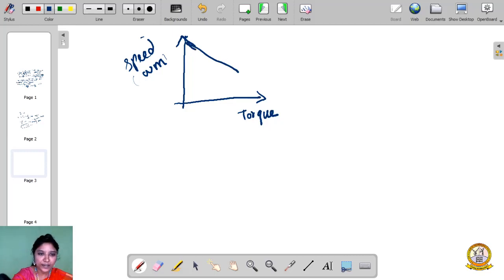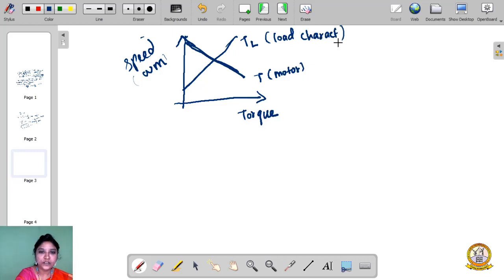The motor characteristics will be like this, marked as motor T. Similarly, the load characteristics graph will be like this, marked T L. The intersection of both these characteristics we call the operating point.